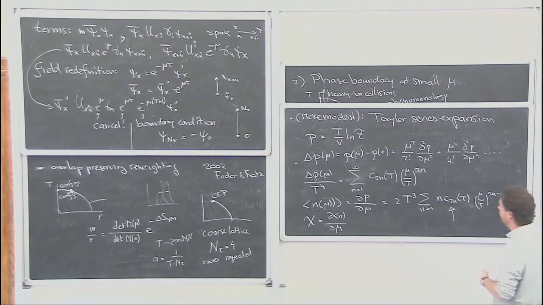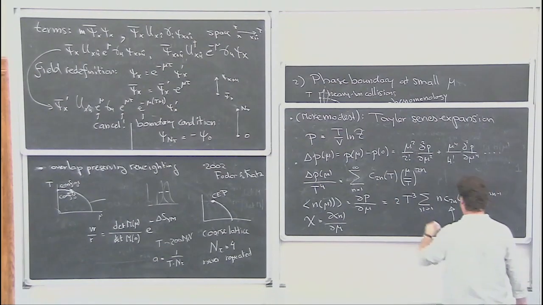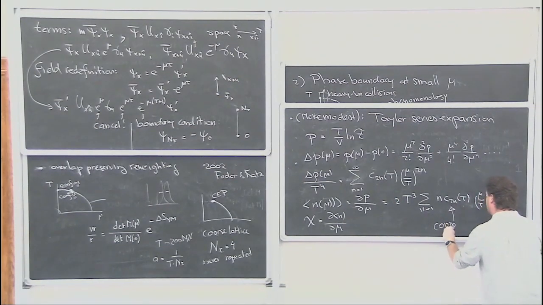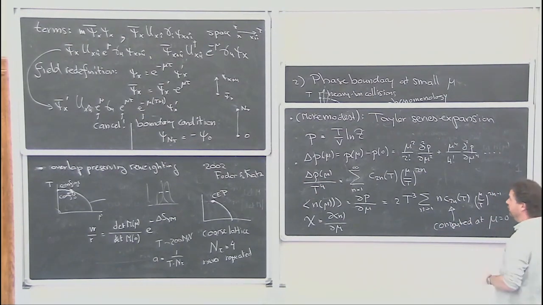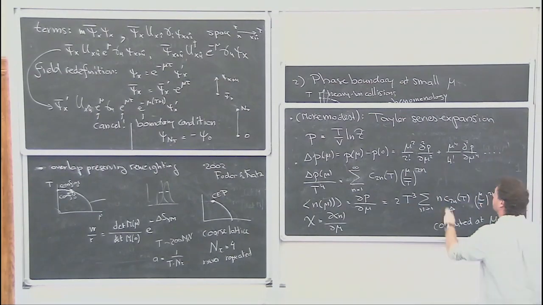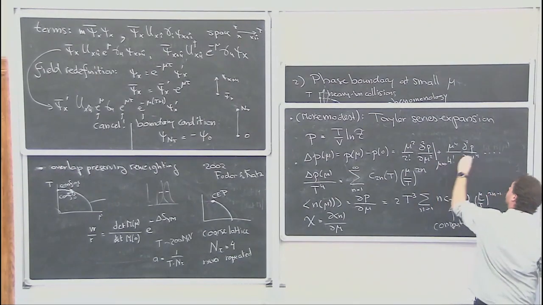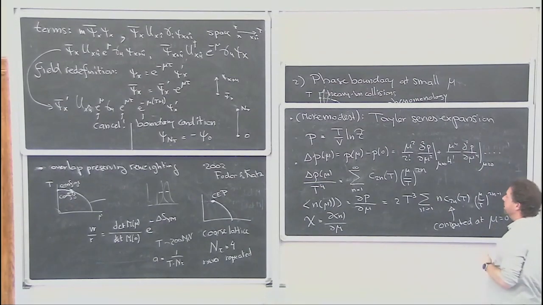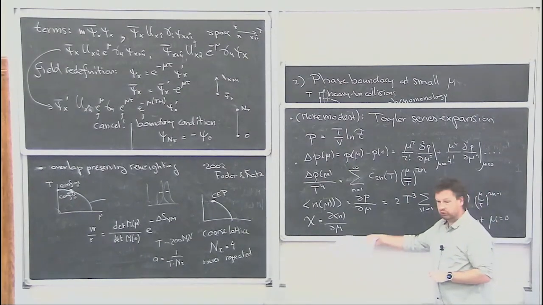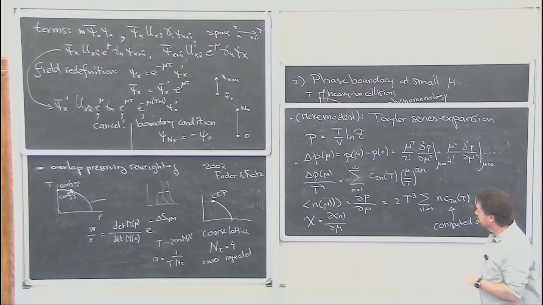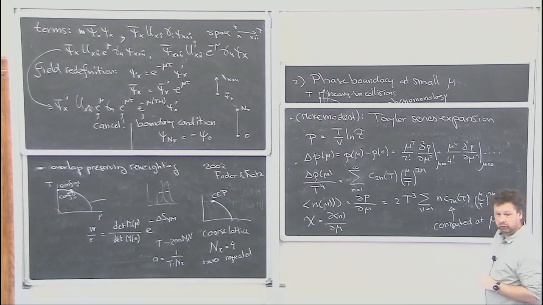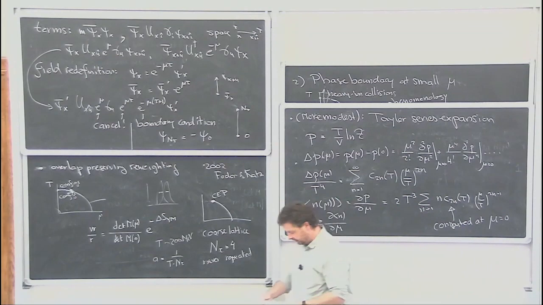Now, the trick is that all these coefficients are computed at 0 mu, because I'm doing a Taylor series expansion, so by definition I put mu equals 0. So this is a feasible computation. I can compute all these coefficients at 0 mu and reconstruct thermodynamic variables obtained by differentiating with respect to mu to whatever order I'm able to work with. So this is a good idea in principle.